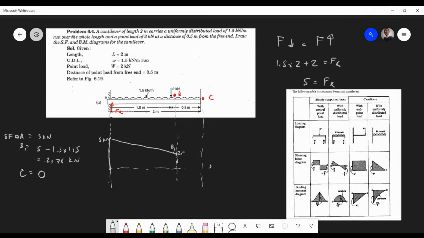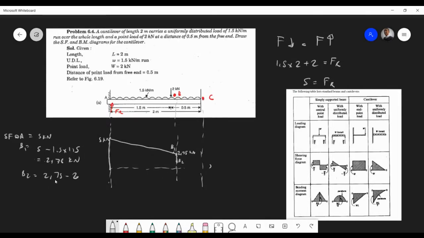And then we push another 2 kilonewtons down. We can call this B2. And then B2 is going to be, of course, just 2.75 minus 2. So be cognizant of that.